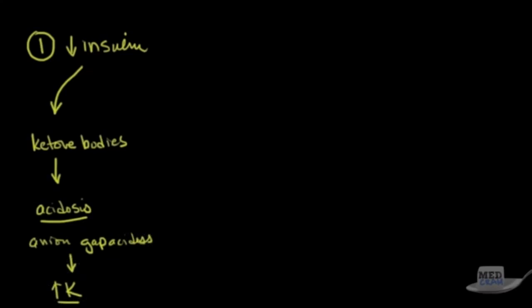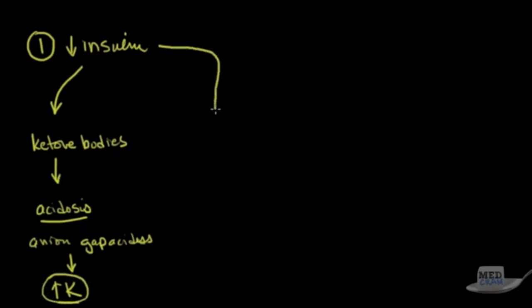Now, why does that potassium go up in this case? It goes up because there is a proton-potassium exchange mechanism between the cells. And so as protons are being increased in the serum and they go into the cells, potassium has to leave the cells and go into the serum to replace them. So you'll see an increased potassium level, at least initially.